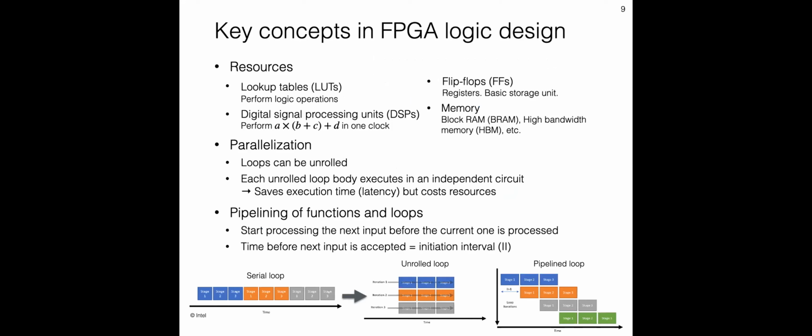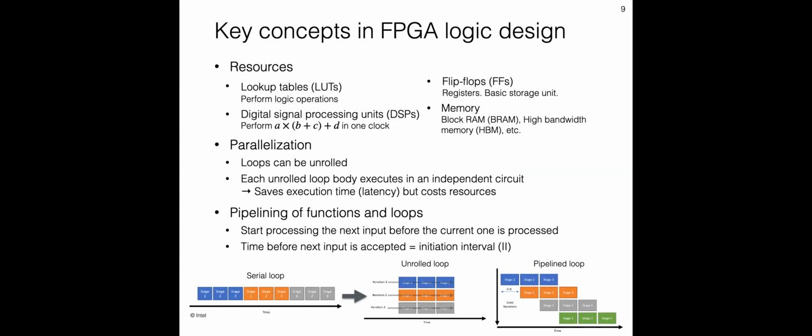Okay, and then before going into the actual meat of the talk, we also need to talk about another set of background knowledge, which is the key concepts in FPGA logic design. There are resources on FPGAs that are primarily divided into four categories. One is the lookup tables that perform logic operations like OR and AND.